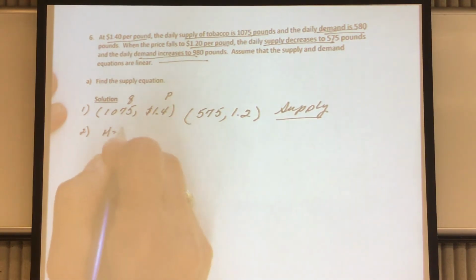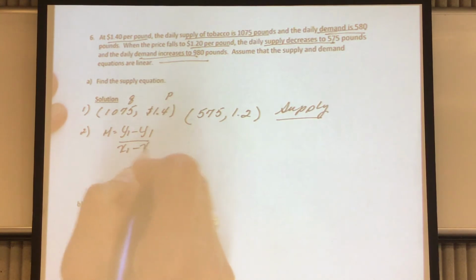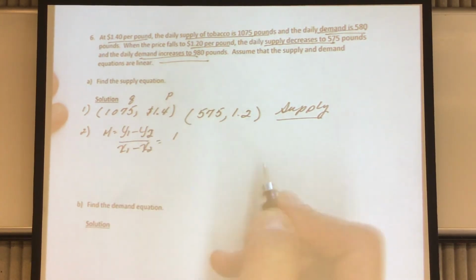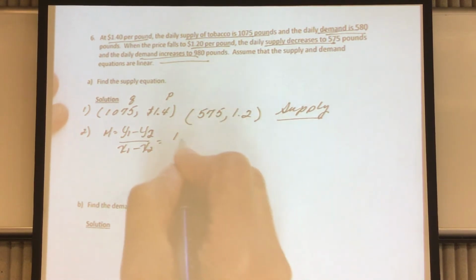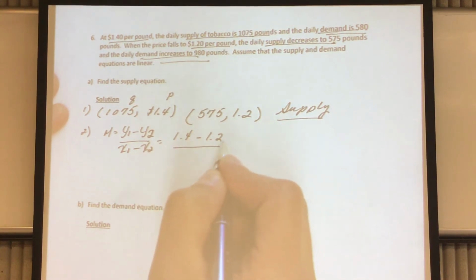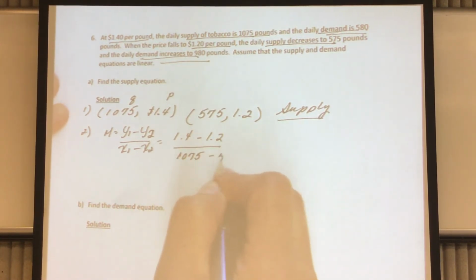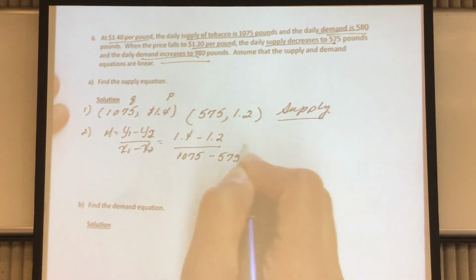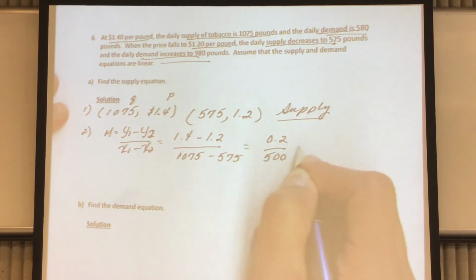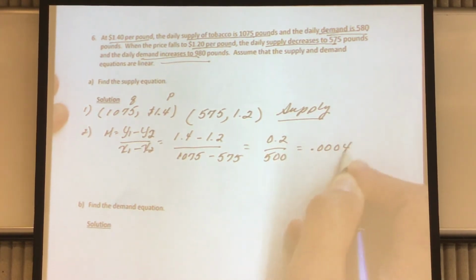And again, the slope is the change in Y over the change in X. So we have Y1, 1.4 minus Y2 over X1 minus X2, and we calculated that to be 0.2 over 500, which is equal to 0.0004.